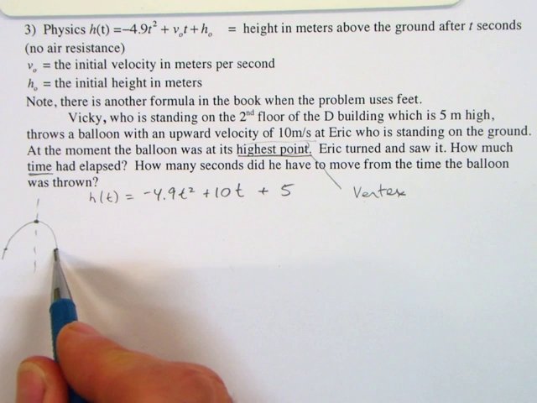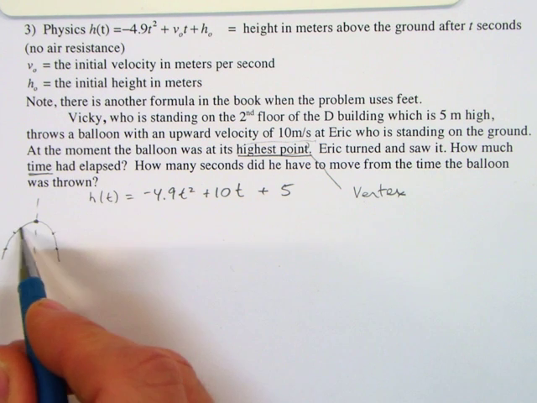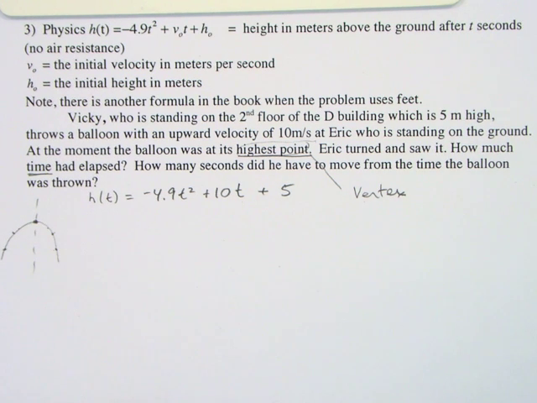So whether it's these two or these two, the t value of the vertex is always going to be at the midpoint. So we can just find two points that have basically the same y number.